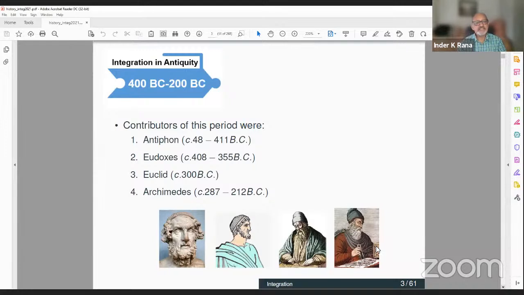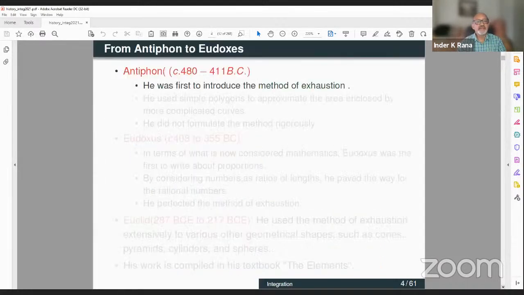First of all, let's look at what Antiphon did. He was the first to introduce the method of exhaustion, which was the main tool used by Greek mathematicians for computation of areas and volumes. I will say something about it a bit later.